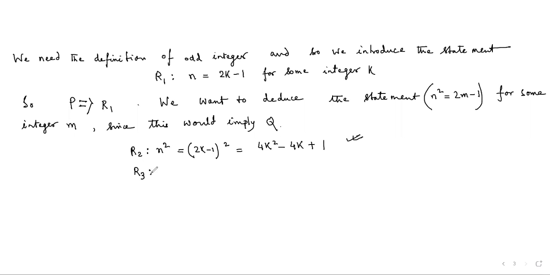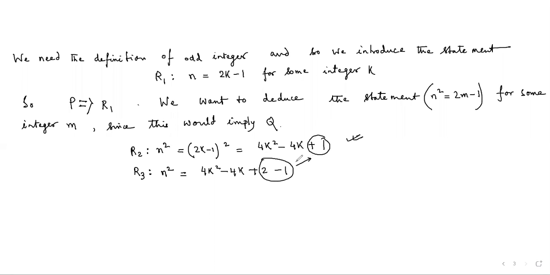Next, we can do a kind of thing which goes like this. We can write it as 4k square minus 4k plus 2 minus 1. So we can write 1 as 2 minus 1.